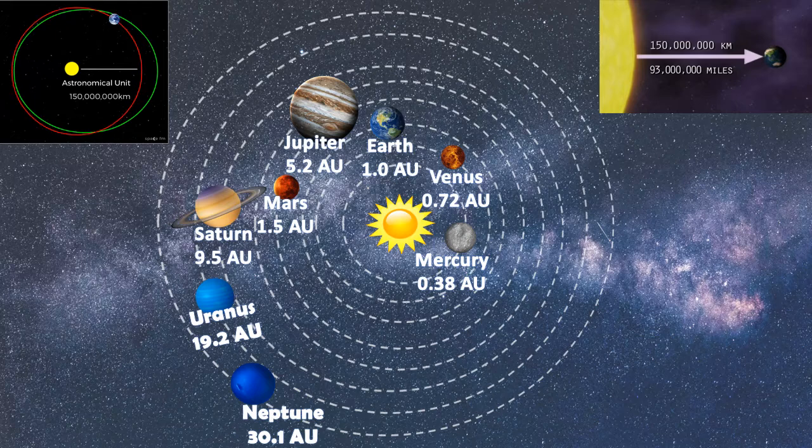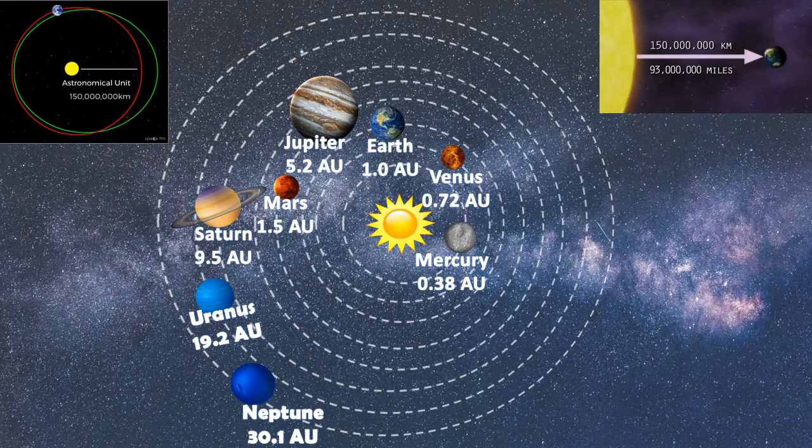The next group, the outer planets, begins with Jupiter. Jupiter is the largest planet. The distance of Jupiter from the Sun is 5.2 astronomical unit. Next to Jupiter is Saturn. Saturn's distance is 9.5 astronomical unit from the Sun.